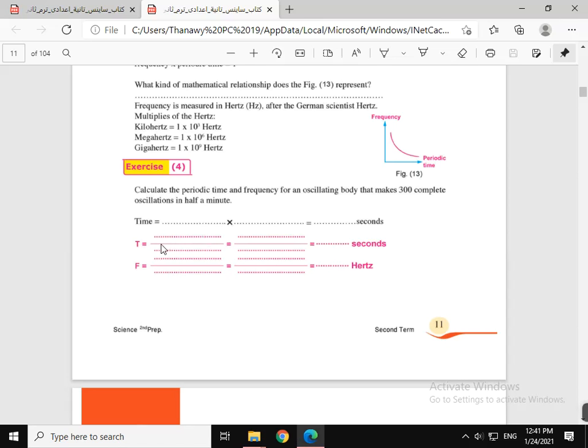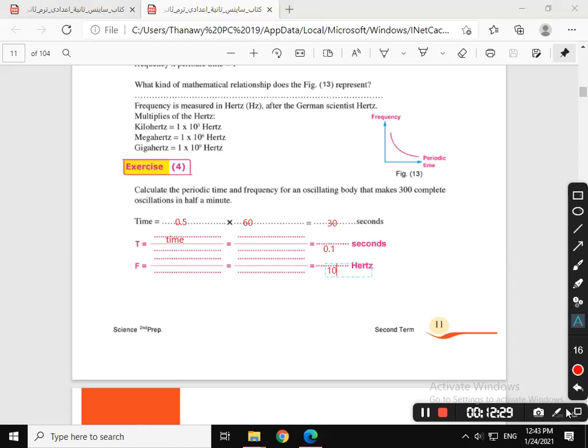The periodic time equals the time in seconds over the number of complete oscillations, so it will be 30 over 300, which equals 0.1 seconds. And the frequency equals 1 over T, which equals 1 over 0.1, equals 10 hertz.